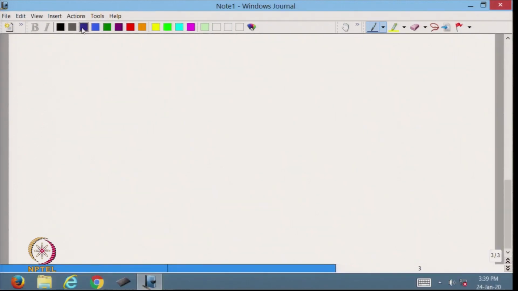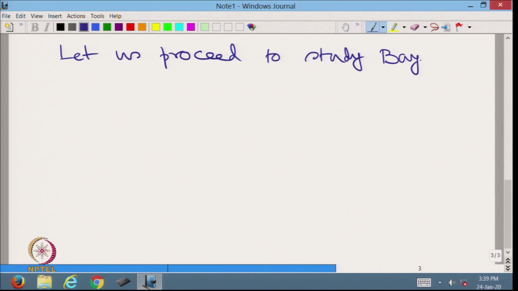Okay, students, with that let us proceed to study an important concept of probability, which is called Bayes theorem.